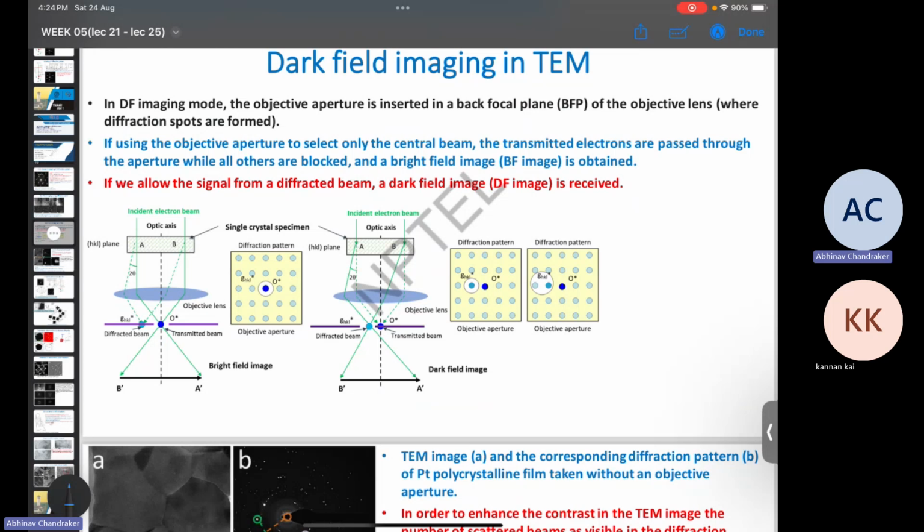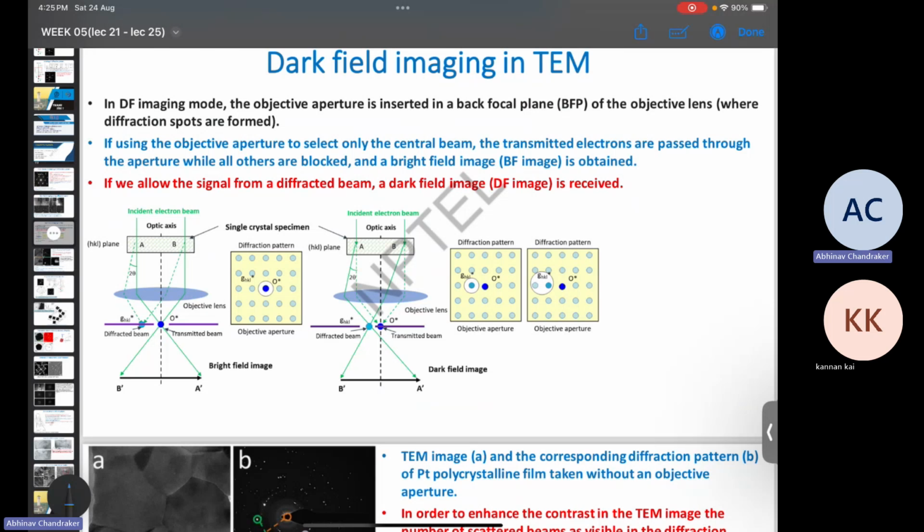Instead of allowing the direct beam to fall on the screen, we only allow the diffracted beam to pass through, and we capture the image corresponding to this diffracted beam only.